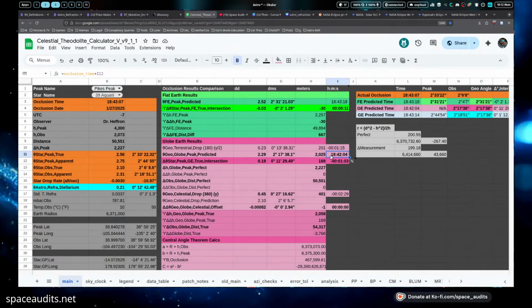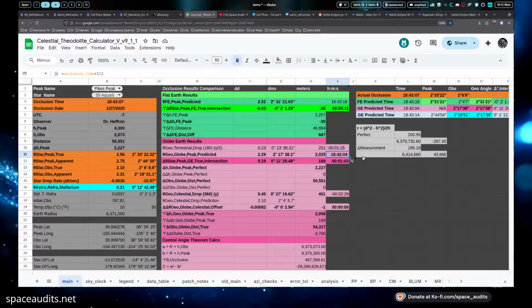Bacon, go ahead, sir. So the geometric angle at 2°17', also the star's geometric angle for the observer, its true position was 18:42:04. Agree? I forgot the seconds, but yeah, it was 18:42. Yeah, 18:42:04. So this is when they were geometrically aligned.